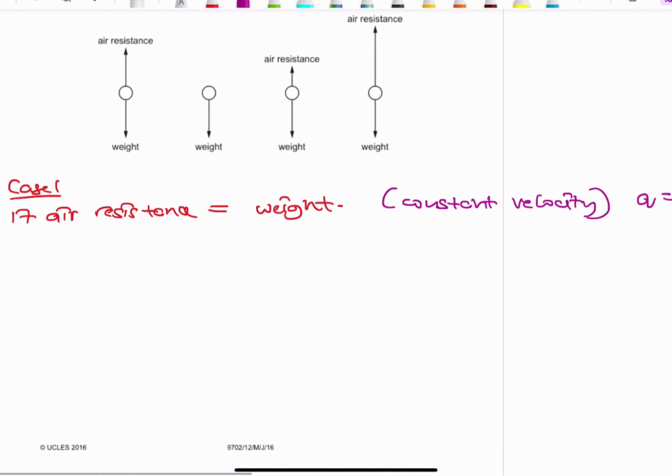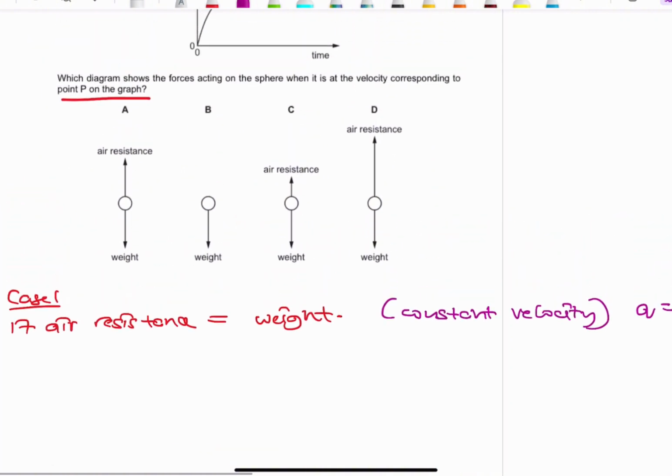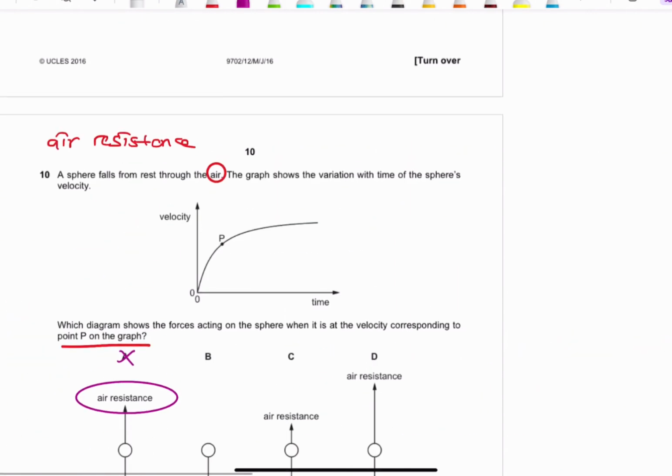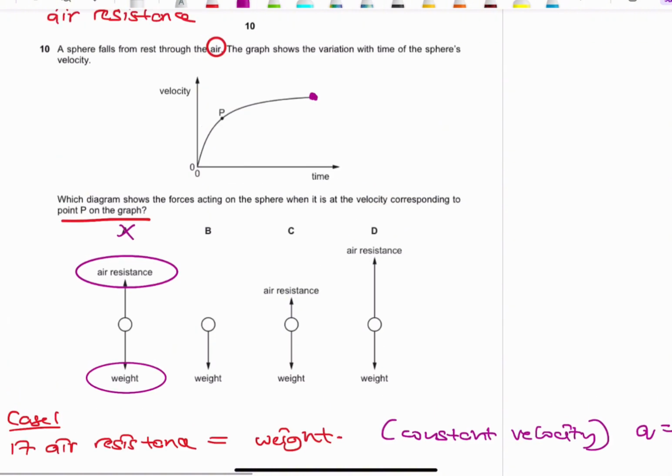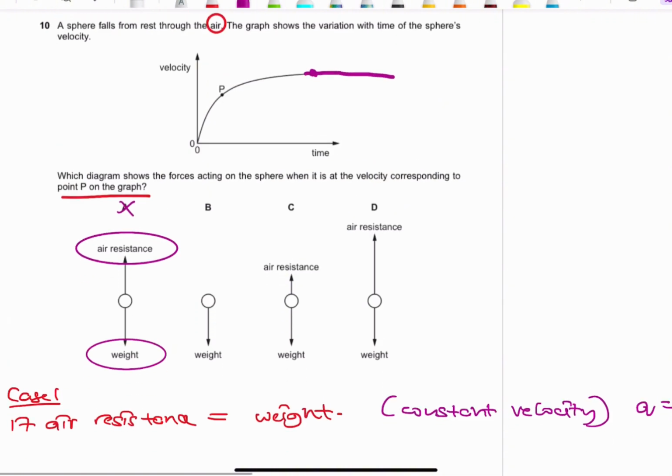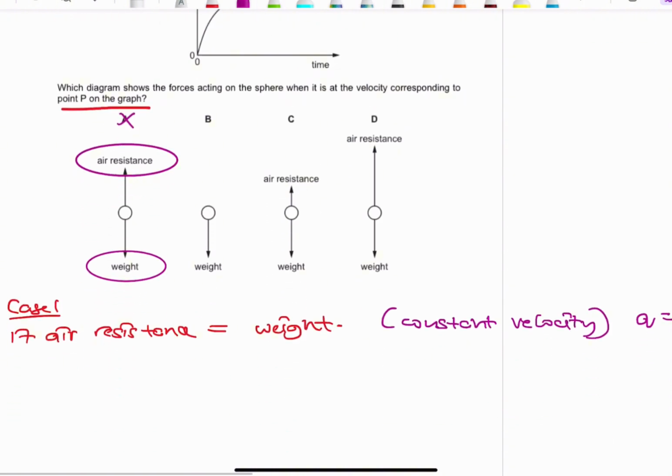There is no resultant force, right? So let's look at A. The air resistance is actually equivalent to the weight, right? So it basically means that the velocity is constant. It is when we will be at this point that we can say the velocity might start to be constant, right? Provided that the line actually becomes horizontal after that, right? So it can't be A.